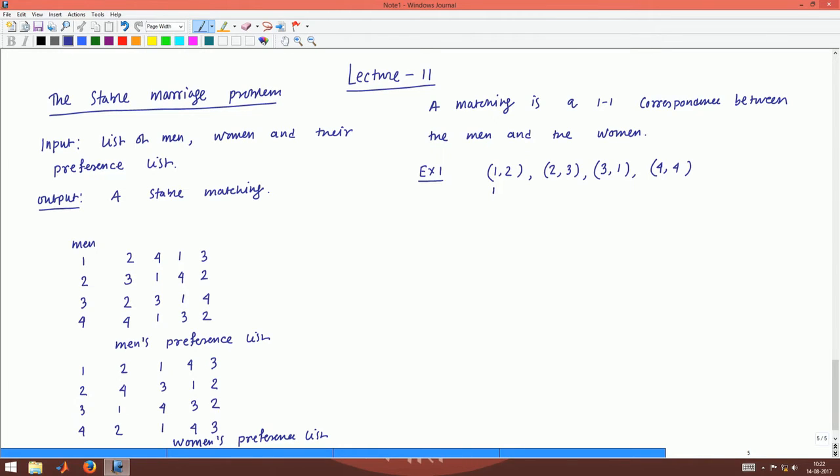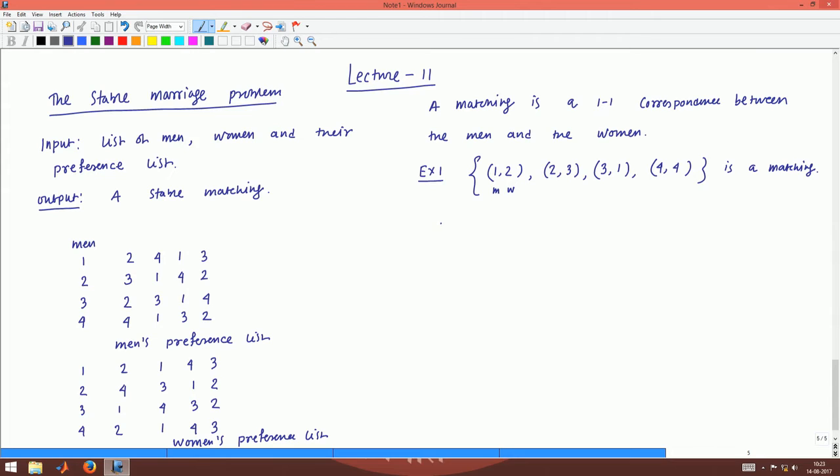The first component is the man and the second component is the woman. So, the first man is matched with the second woman. You can see that one man is matched with only one woman. So, this is a matching. This is the one-to-one correspondence, right. Okay.